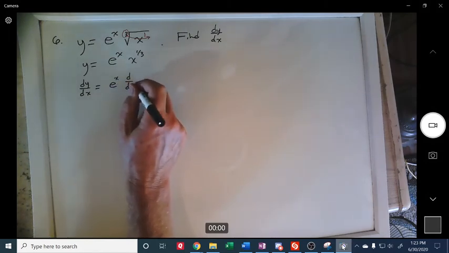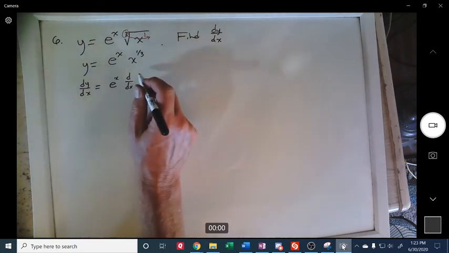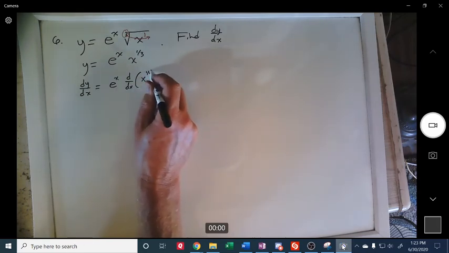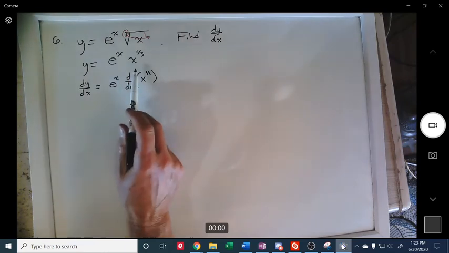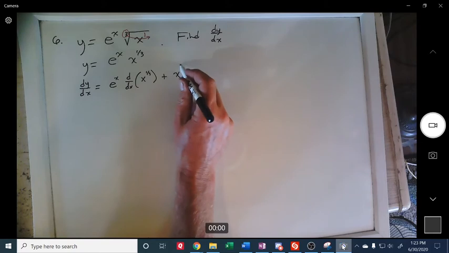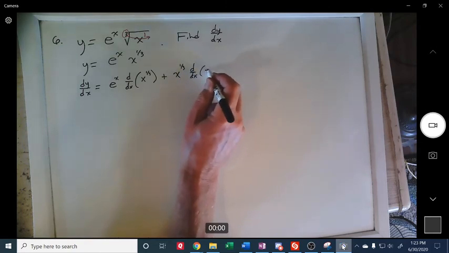Remember when you do d dx but don't put a y there, that's a verb. It's an action. Take the derivative with respect to x. First times the derivative of the second plus the second times the derivative of the first.